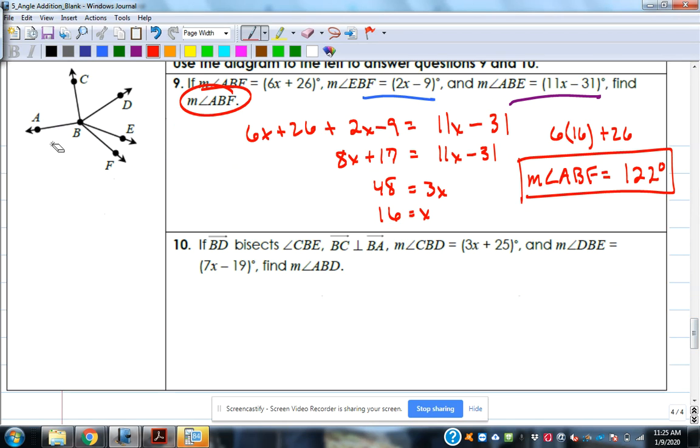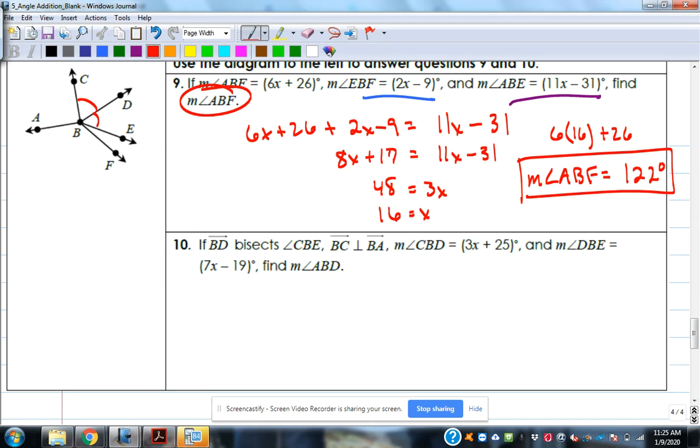Number 10, using the same diagram, maybe I won't screw it up. If ray BD bisects angle CBE, ray BD, right there in that spot, it bisects angle CBE. So that's going to create these two angles being congruent to one another.